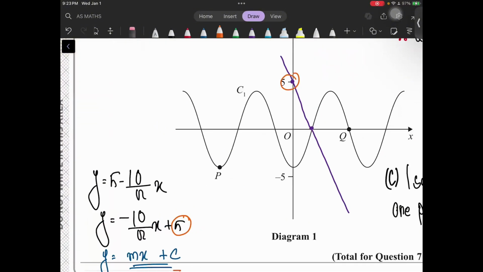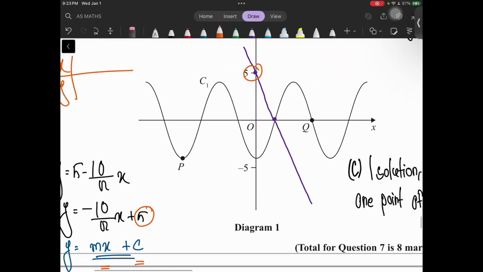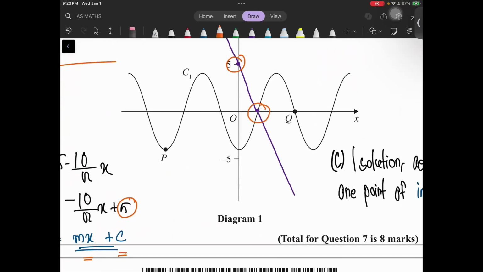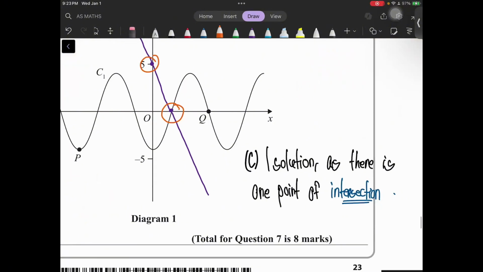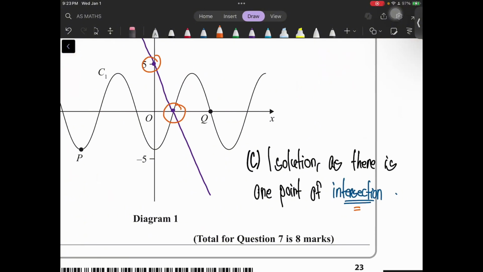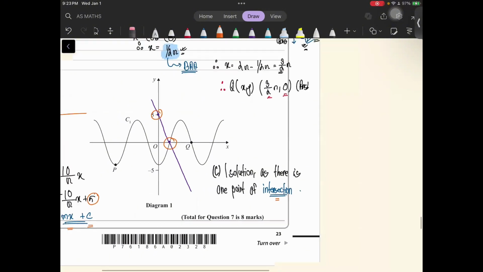You can plot a table of values of x and y, and from here you can find that it intersects at 1 point. So the number of solutions is going to be 1, as the point of intersection is 1. The x coordinate of the point of intersection, or the root of the equation, is going to be 1.